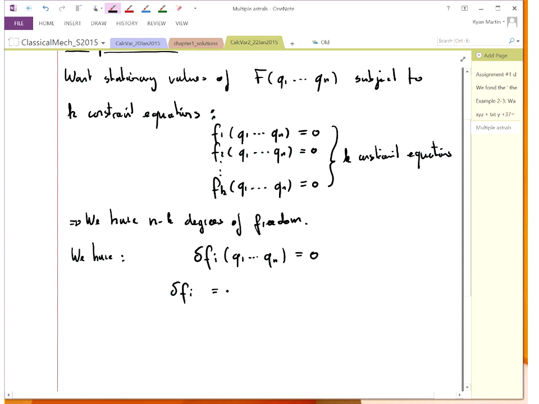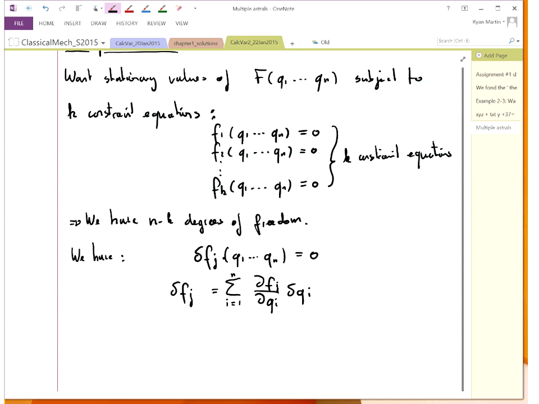And remember that delta fj, using the chain rule, we can write as the sum from i equals 1 to n of the partial derivative of fj with respect to qi, times delta qi.